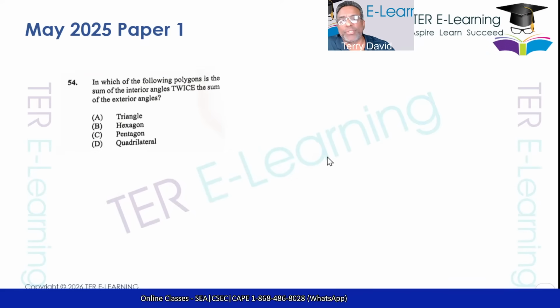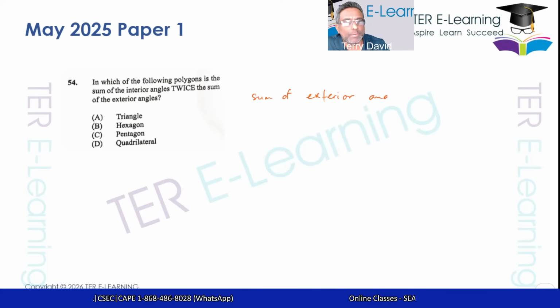All right, this one here, in which of the following polygons is the sum of the interior angles twice the sum of the exterior angles? So we need to know the sum of exterior angles, right, is equal to 360.